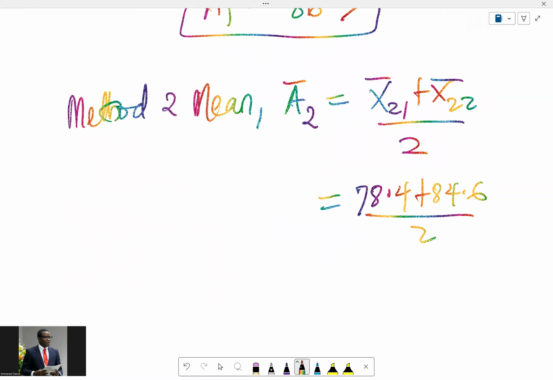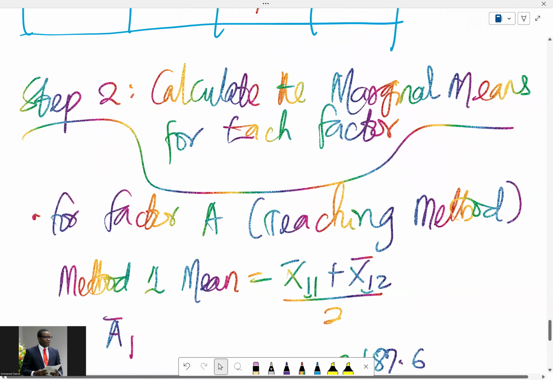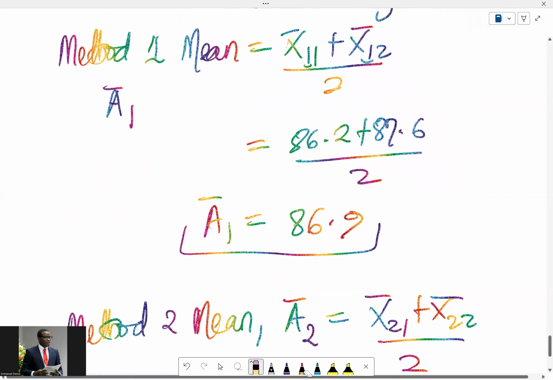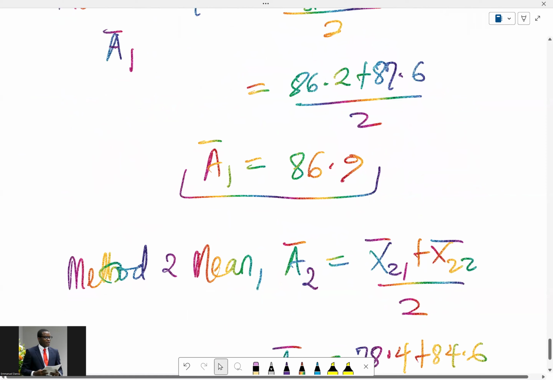When we add that, we divide by 2. 78.4 plus 84.6 is 81.5. So A2 bar is 81.5. Then that's for factor A. We are talking about the marginal means for each factor. So it's more like take all the scores in each factor, add them together and divide by 10, or take the averages you have done already, add together and divide by 2.